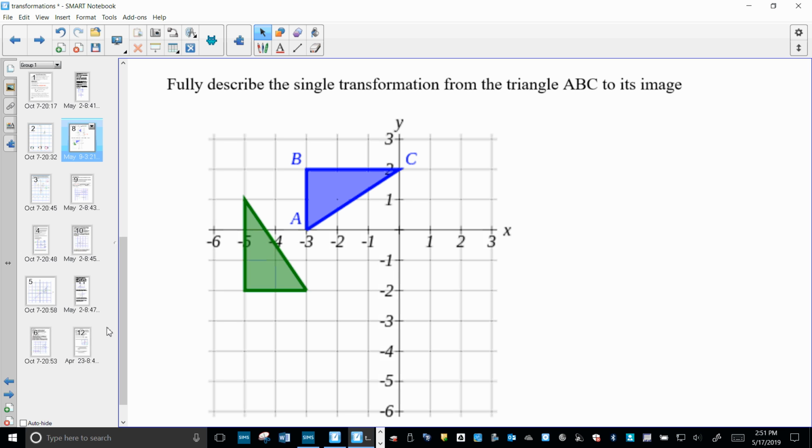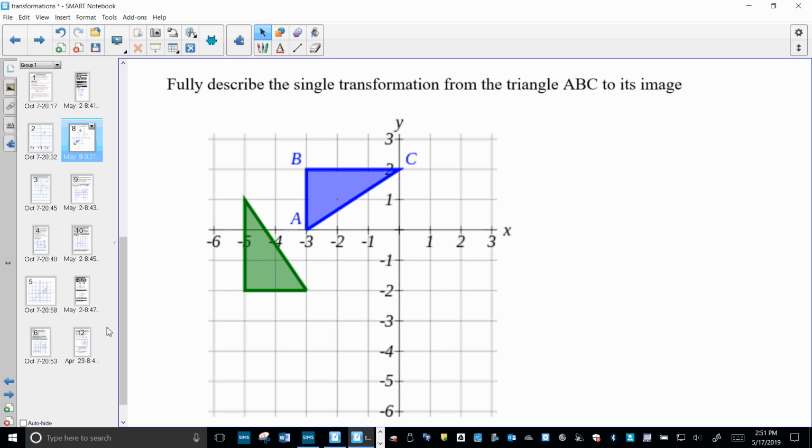So it says, fully describe the single transformation from the triangle ABC to its image. So ABC is the blue one. You can all see that, yes? The image is the green one. So we have to establish, what do we think has happened to the blue one? And it says transformation.